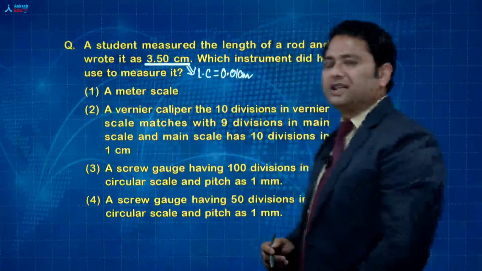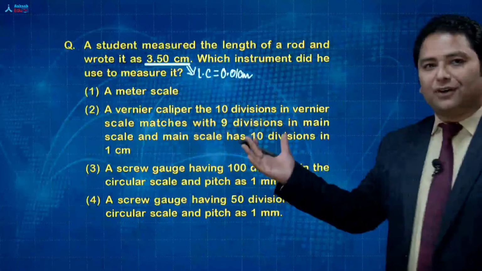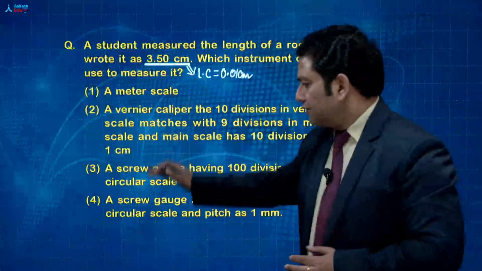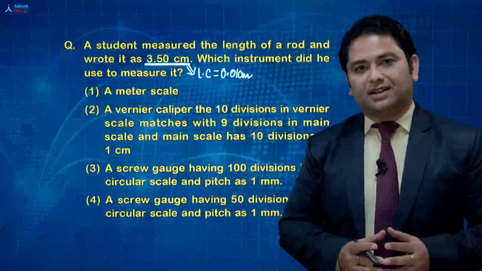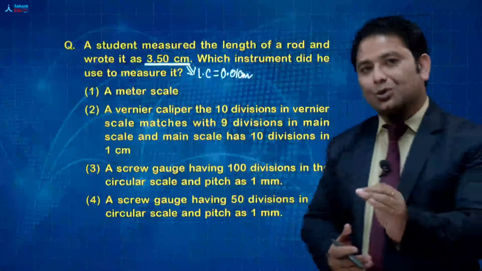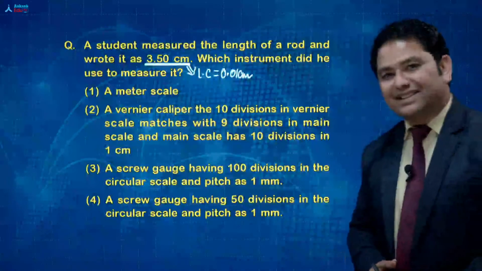This is the first information जो आप extract कर सकते. कैसे? Very straightforward. इसका मतलब, if I try to figure out कि which gadget, which device was used to measure, I need to figure out कि वो जो gadget है, उसका least count कितना होना चाहिए? Well, no surprise, 0.01 centimeter.